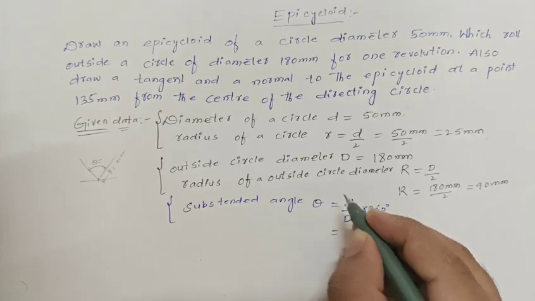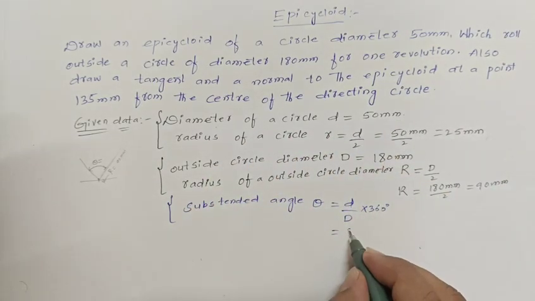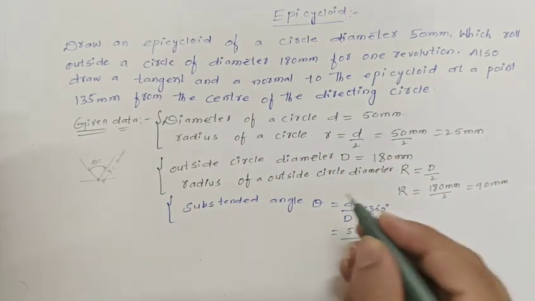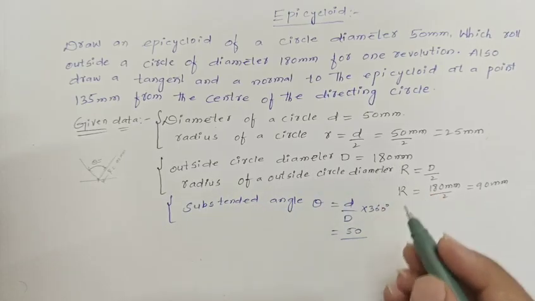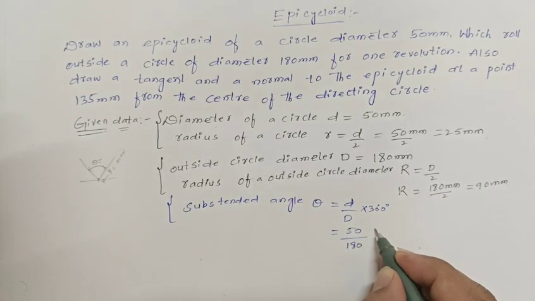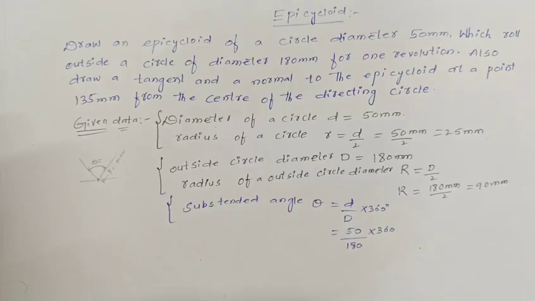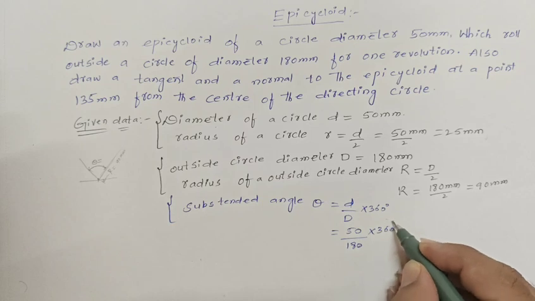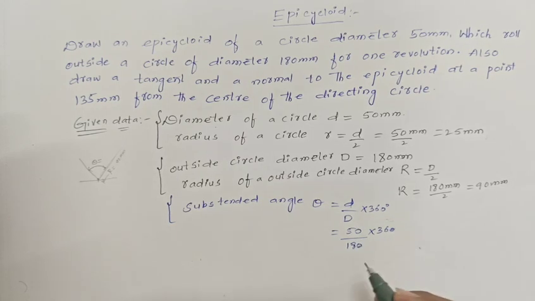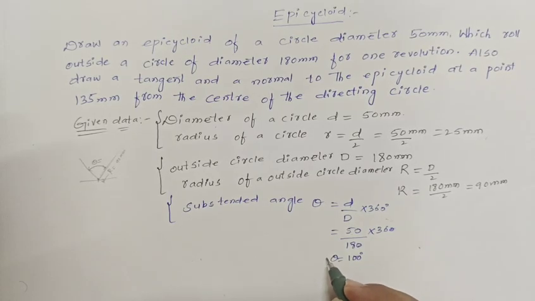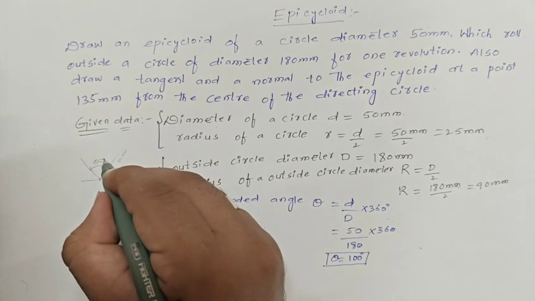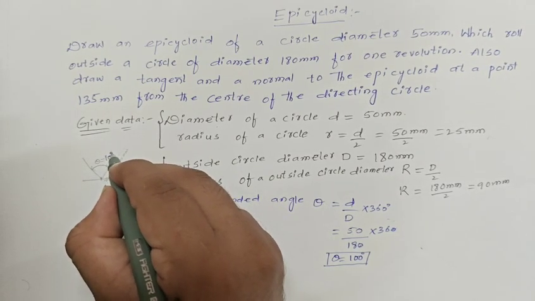The small diameter is 50, and the outside circle diameter is 180, into 360 degree. Clear? This 0 and this 0 will cancel. 18 ones are 18, 18 twos are 36, 5 twos are 10. So we get 100 degree. Subtended angle is 100 degree. So we need to take the angle of 100 degree.